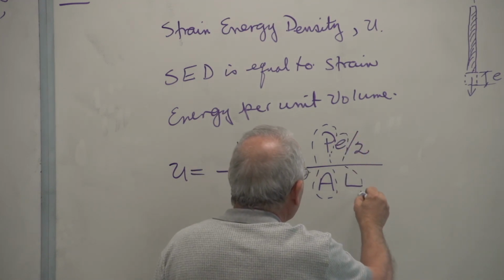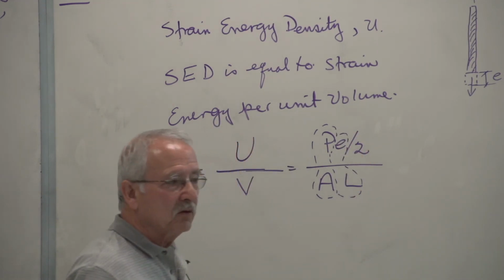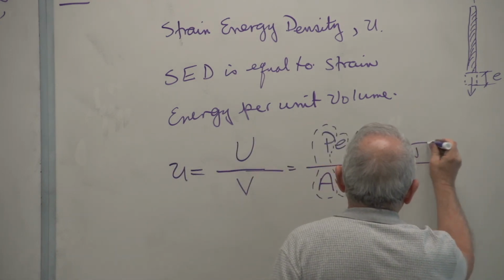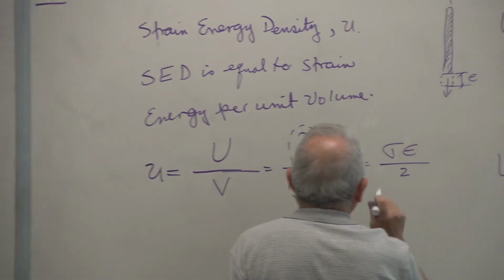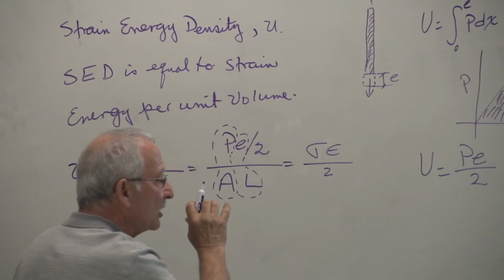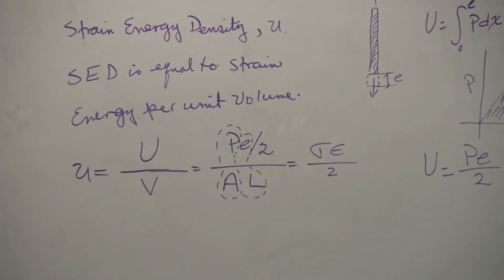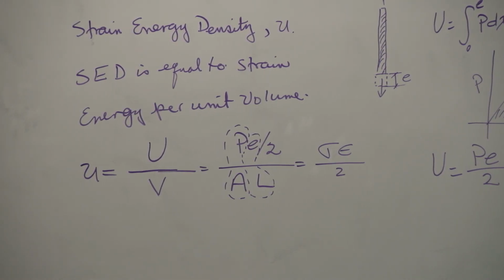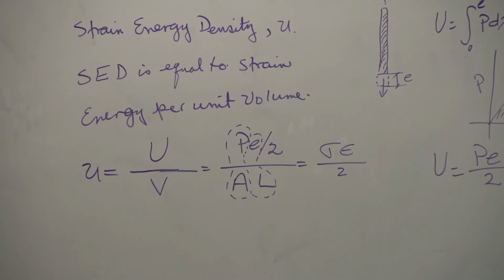E divided by L will give you the strain. So this is equal to sigma epsilon over 2. This is assuming linear elastic behavior of the material. Stress and strain are related linearly. This is called strain energy density.